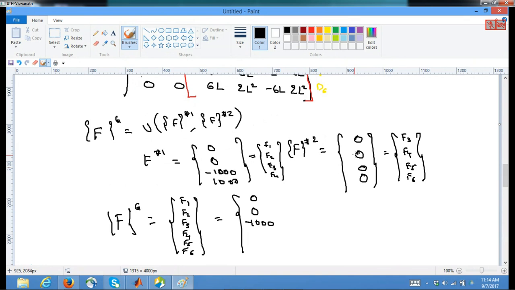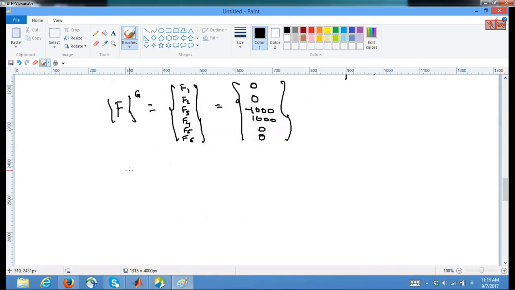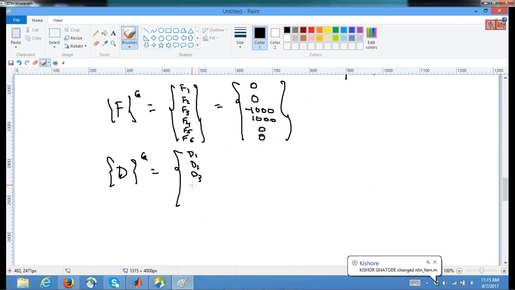This is 1000, this is 0, together contribution is 1000, this one 0, this one 0. Our global degrees of freedom are similarly d1, d2, d3, d4, d5, d6.